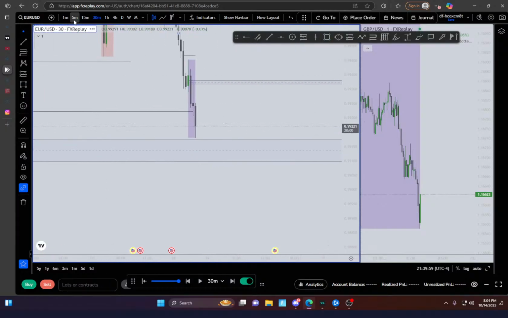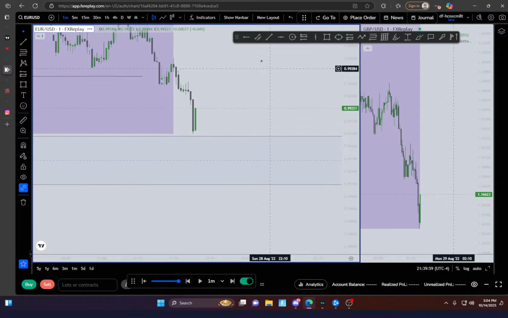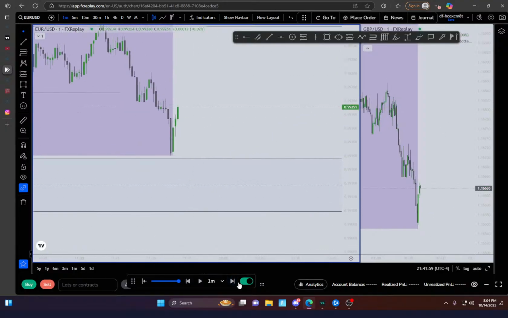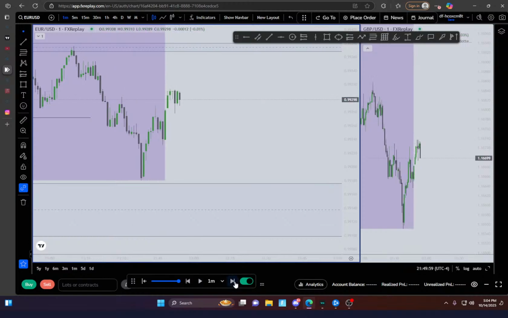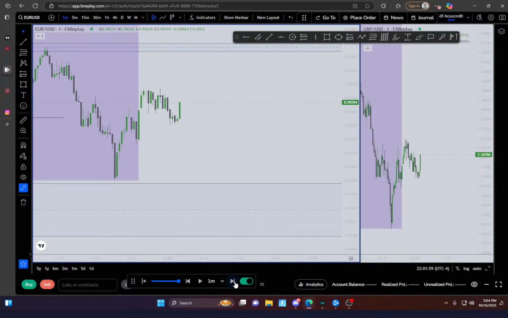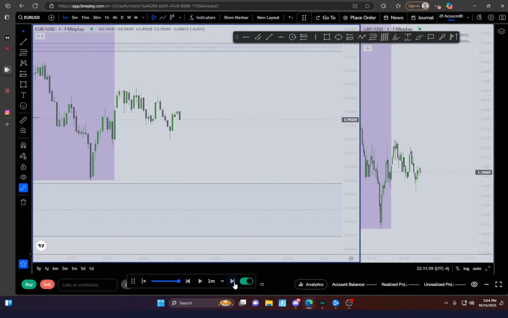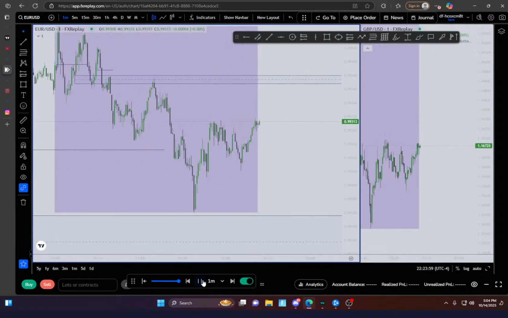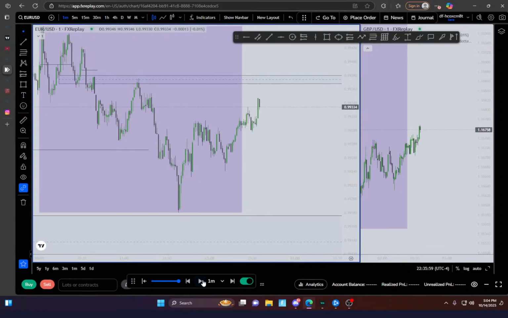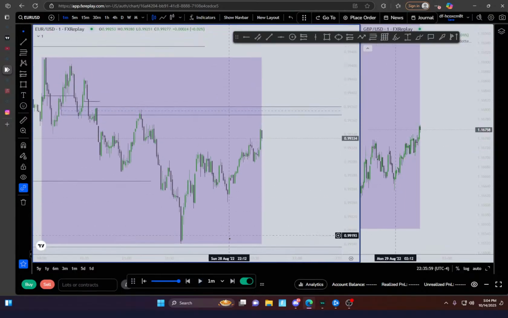Something within here. Break would be nice. Take out the low. Okay. State. A little bit lower. Downside, downside, downside, downside, down. No. Alright. Alright. Let me guess.